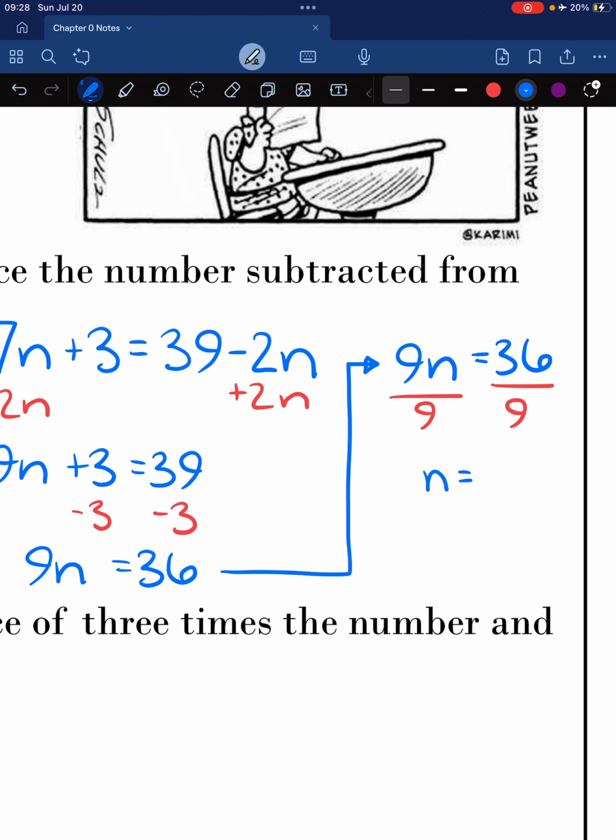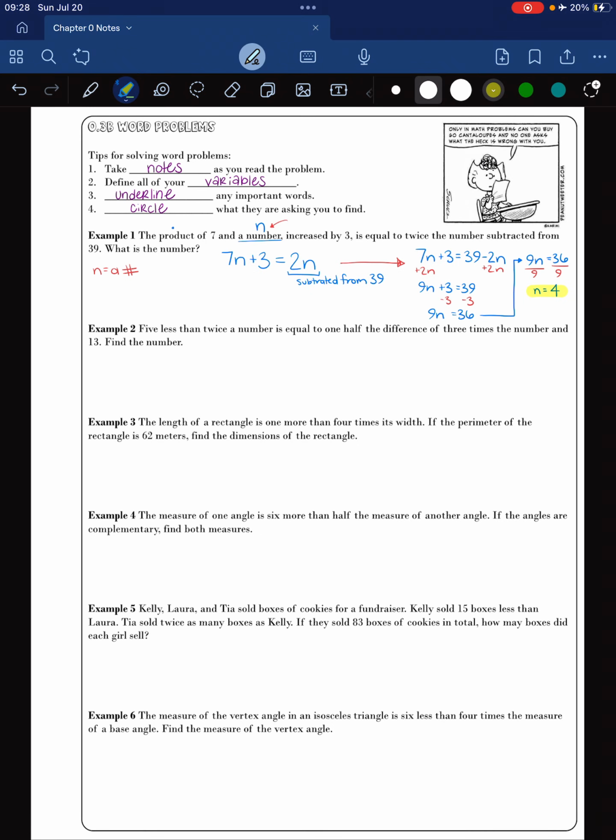Again, so I just don't make any mistakes with negatives or miscopying numbers or using the wrong numbers or something. N equals 4. So there we go. Looks like that is my solution.